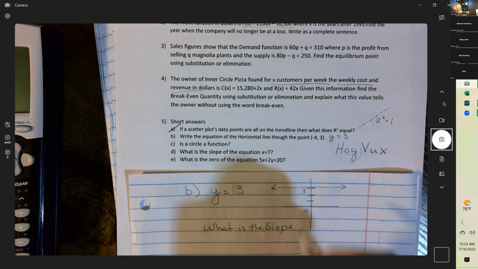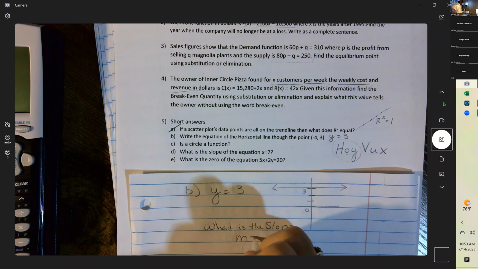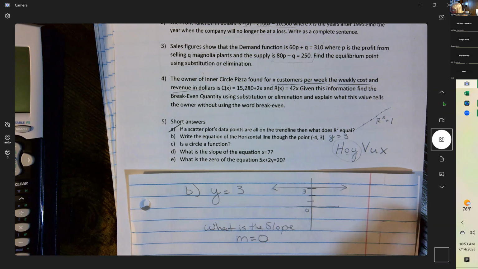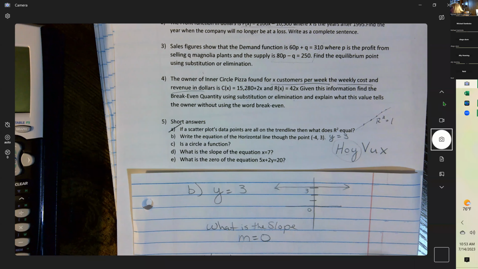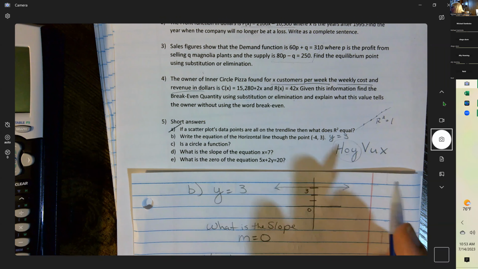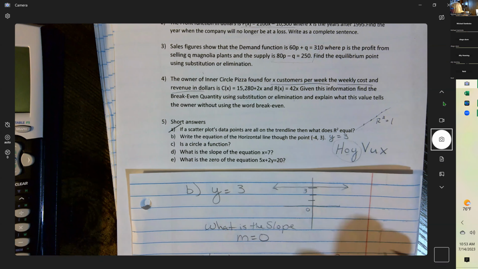Slope is 0. If we have a vertical line, slope is undefined. We'll keep the same point.